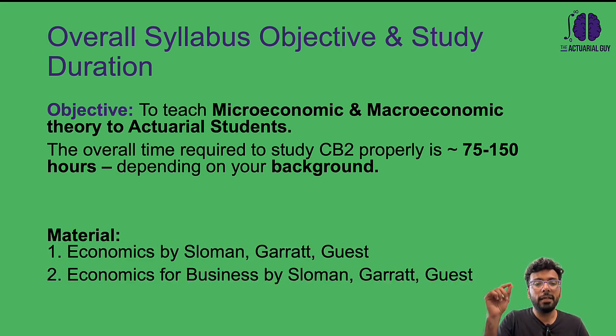One is called Economics by Sloman, Garrett and Guest, and the second is called Economics for Business by the same authors. Almost 85 to 90% of the syllabus is based on the first book, and about 5 to 15% is based on the Economics for Business book. Everywhere in the CMP you will just see that it says refer to this section, refer to that section, and so forth.